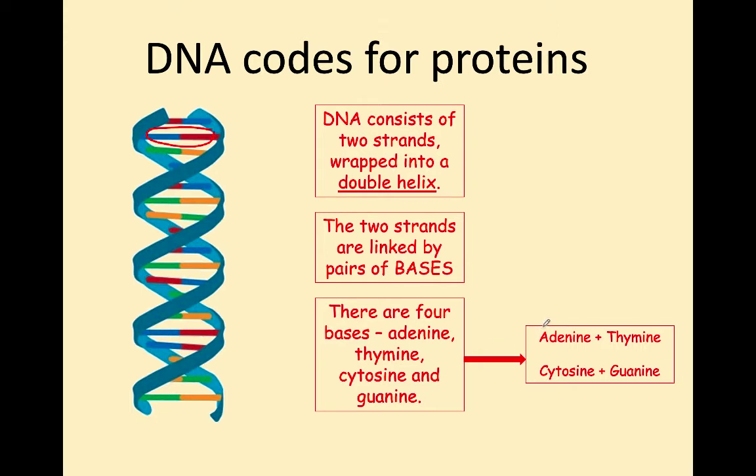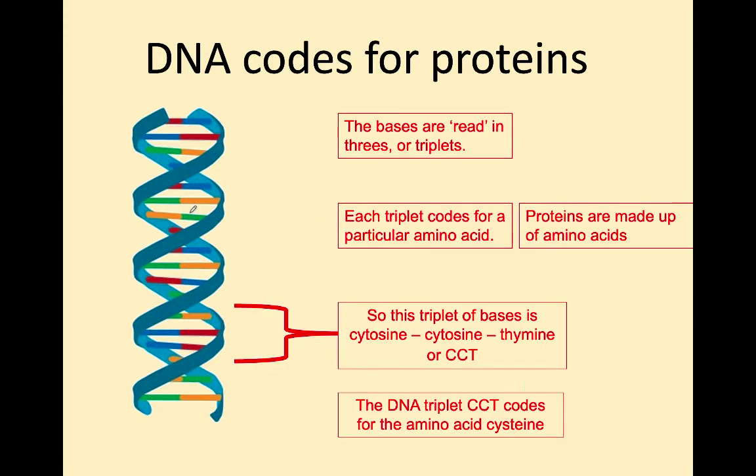And the way it works is that adenine always links to thymine and cytosine always links with guanine. So for example, if green is adenine, that would be thymine, adenine, thymine, adenine, thymine and so on. So adenine always links with thymine and cytosine always links with guanine.